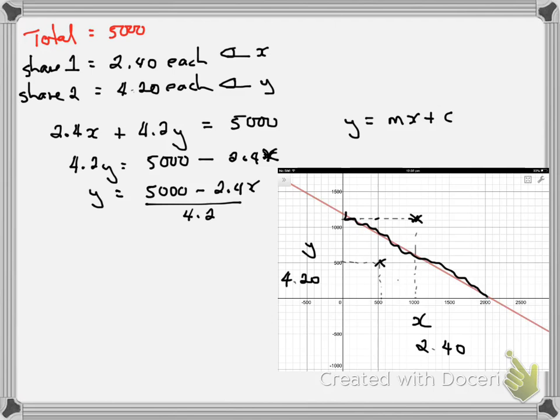Now part B of the question asks you, if you buy equal numbers of the $2.40 shares and the $4.20 shares, how many shares will that be to equal $5,000? Well, already we know that it has to be between 500 and 1,000.